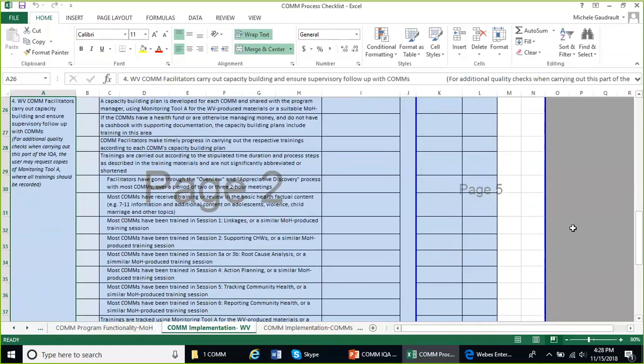For any of you who have been through the COMM training, you know that we have monitoring tool A, which is meant to track the trainings that facilitators give to the COMMs. So what we therefore have with our IQA, this tab overlaps to an extent with monitoring tool A, just in this tracking of the training.